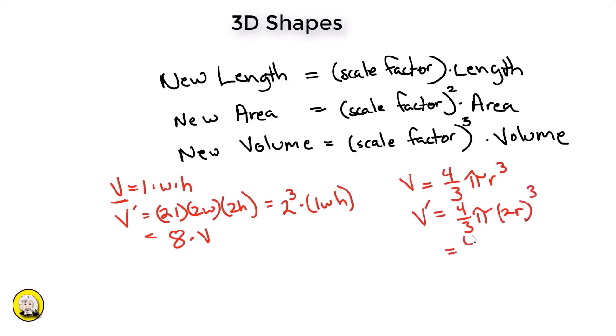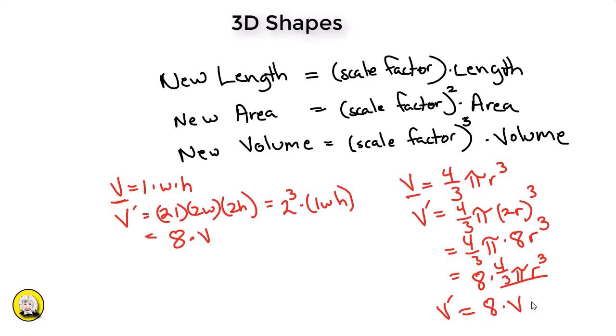And that in turn equals 4/3 pi times 8r cubed. And I could rearrange that to say that's 8 times 4/3 pi r cubed. And I know that 4/3 pi r cubed is my original volume. So I can substitute back in my original volume. And I know my new volume, V prime, equals, again, 8 times my original volume.